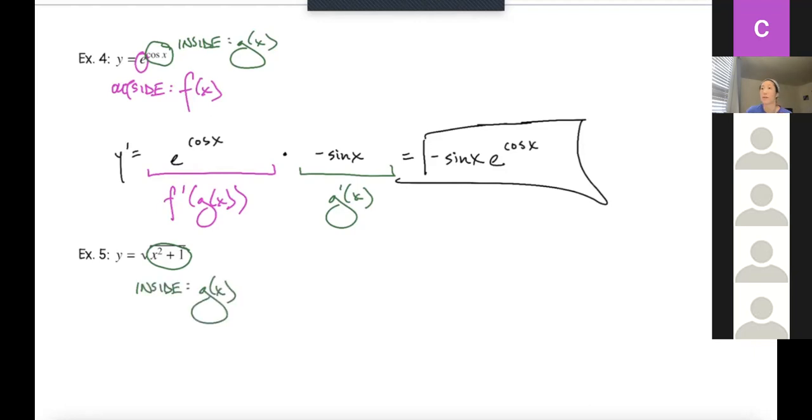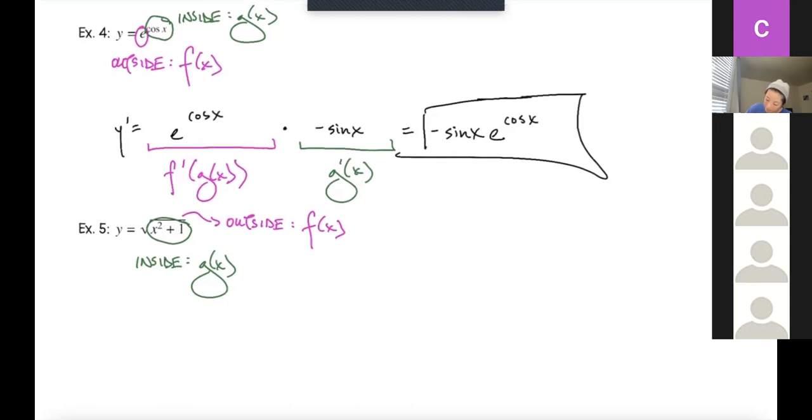So x squared plus 1. The reason why is because we're taking that whole thing and then we are square rooting that whole thing. Yeah, square root is on the outside.